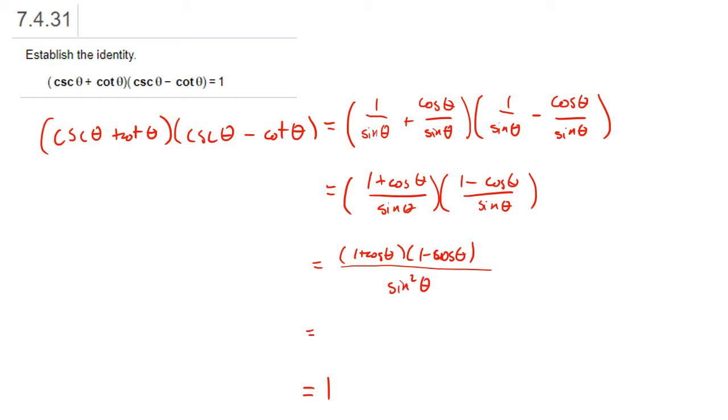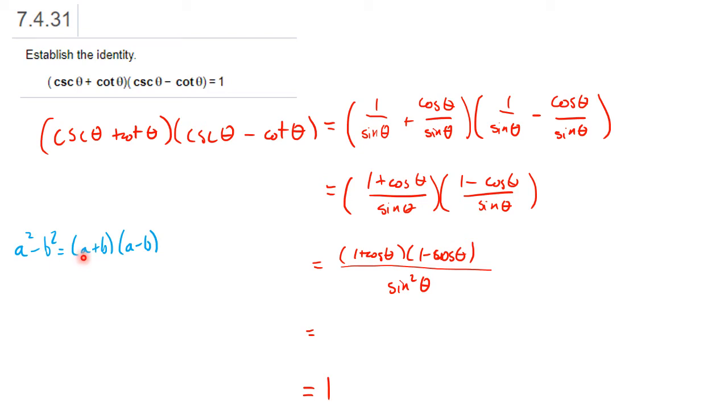And finally, look at that numerator. It's 1 plus cos theta times 1 minus cos theta. Now remember your difference of 2 squares factoring. A squared minus b squared factors as a plus b, a minus b. So here we have 1 plus cos theta, 1 minus cos theta.